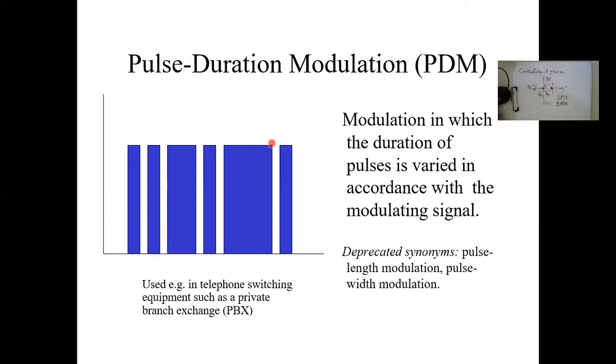Herein, the amplitude of the message is converted into the pulse duration. So if you have a very narrow pulse, then the amplitude is low. If the amplitude increases, then the pulse duration increases, as you can see here. So the message content is converted into the width, or the duration, of the pulse.